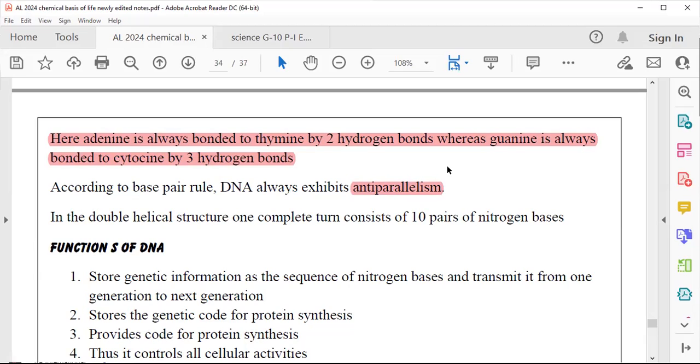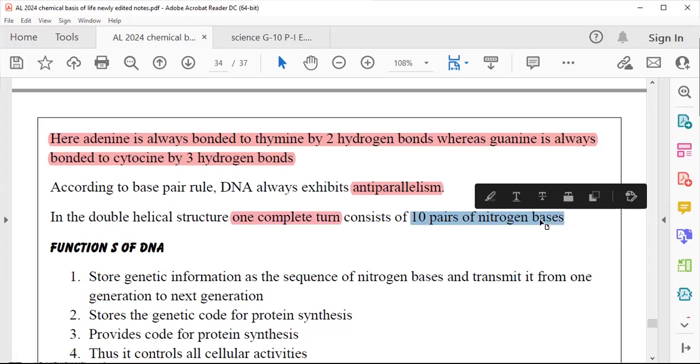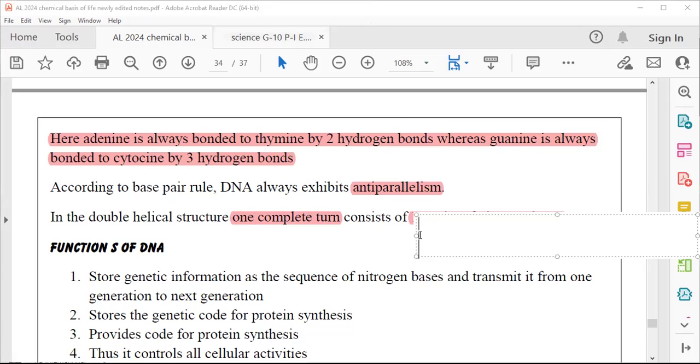Yes. And this is a new point to you. One complete turn in the DNA has how many nitrogen bases? 10 pairs of nitrogen bases. 10 pairs mean how many nitrogen bases? 20.